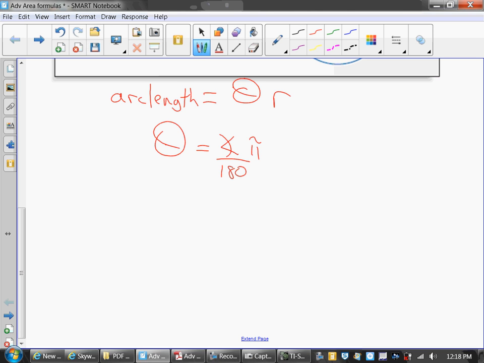Now, once again, you're going to see stuff where you go, I don't know how to work with fractions. If you have forgotten how to use fractions and how to simplify them, what do you all have access to? A calculator. For example, let's say we want to find the arc length where your angle is, I don't know, 40 degrees and the radius is 6.